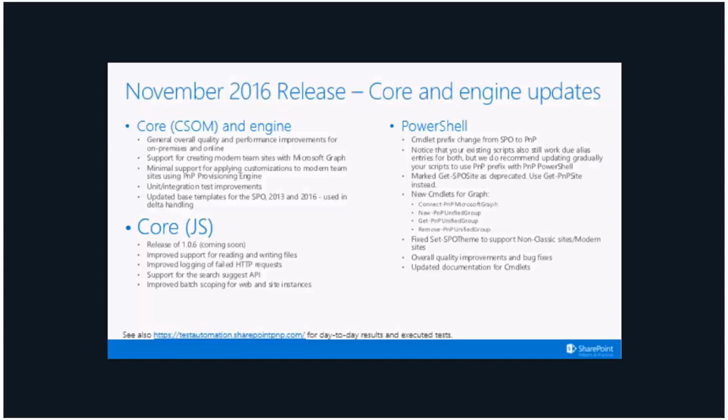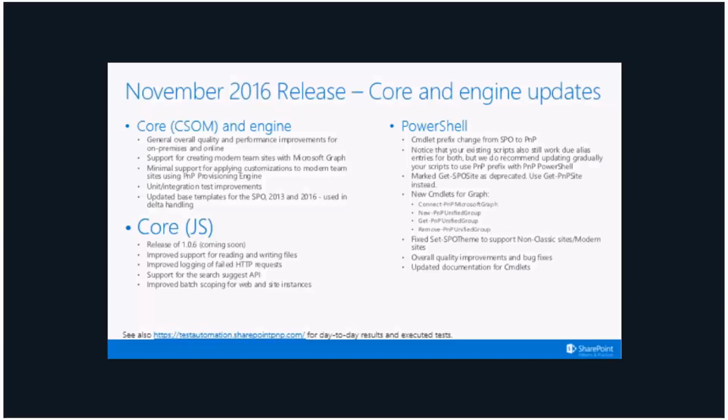On the JavaScript core library side, we're looking into releasing 1.0.6 later this week, most likely, depending on Patrick's time. Patrick Rogers is really the coordinator for the client-side core component. And then on PowerShell, I would say the most important thing is that we are slightly renaming our PowerShell commandlets.